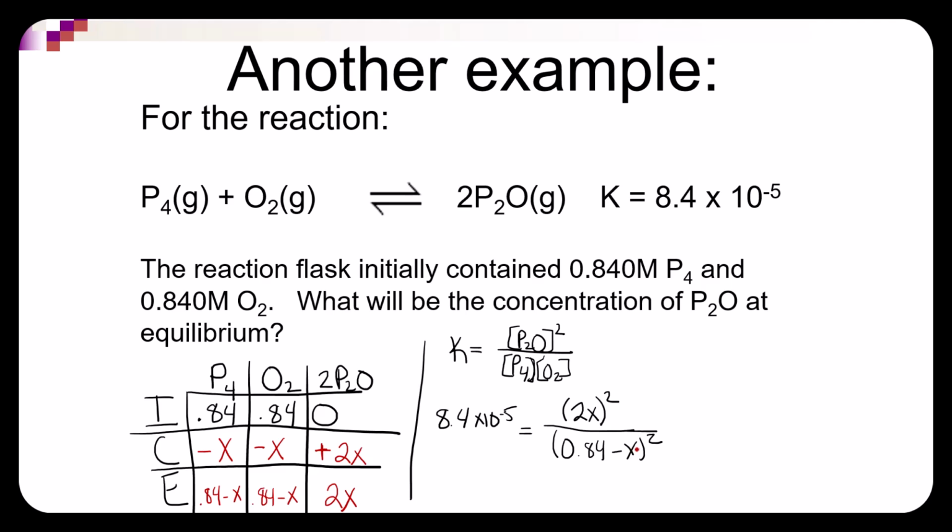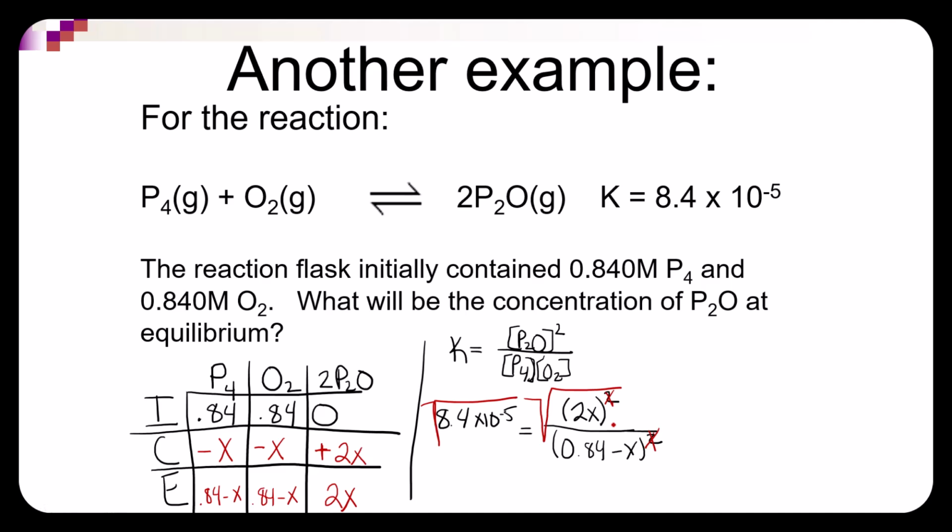So I can take the square root of both sides. The square root is the inverse of squared, so that cancels. So all we're left with is that 2X and that 0.84 minus X.